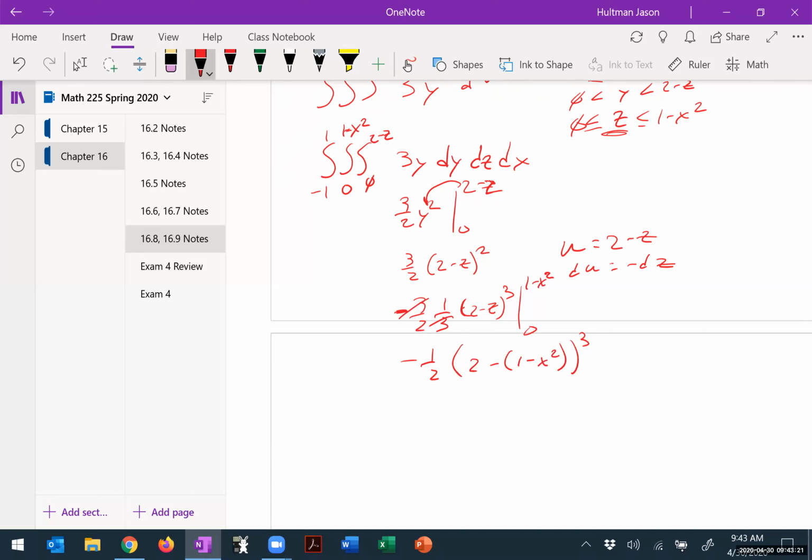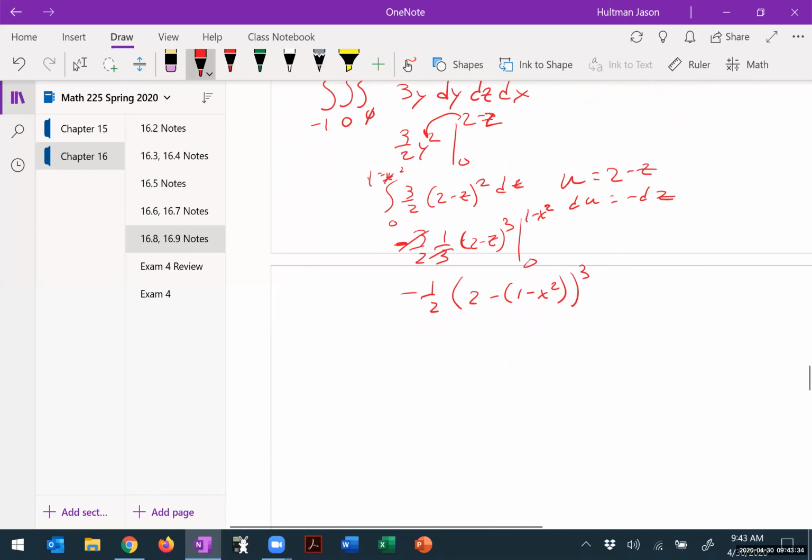So I integrated and then integrated again, basically. We've already done 2 of the integrations, dz. Now I just want to clean this up, distribute the negative 1. This becomes x squared plus 1, cubed, with negative 1/2 on the outside.